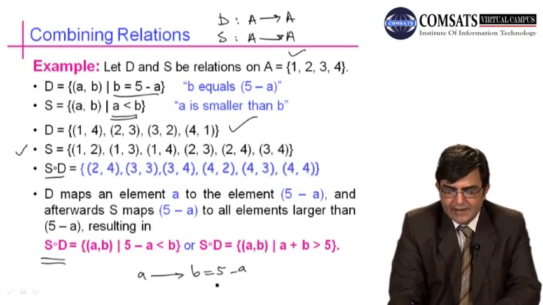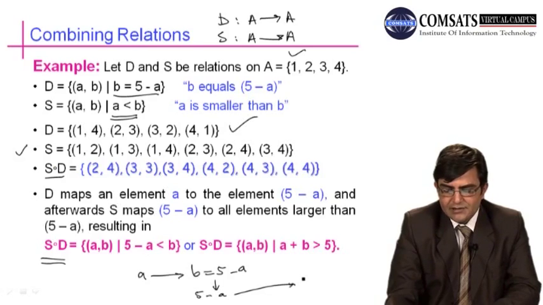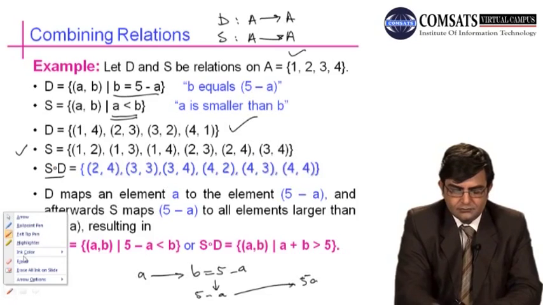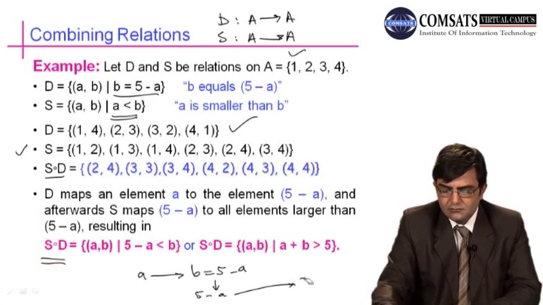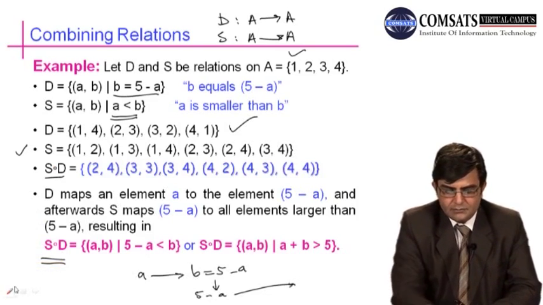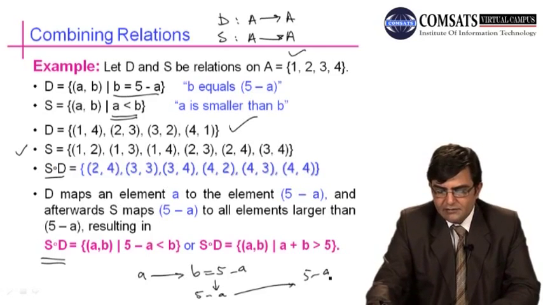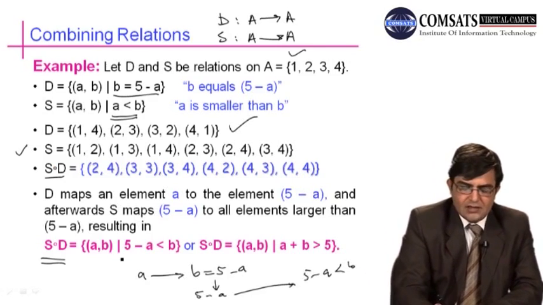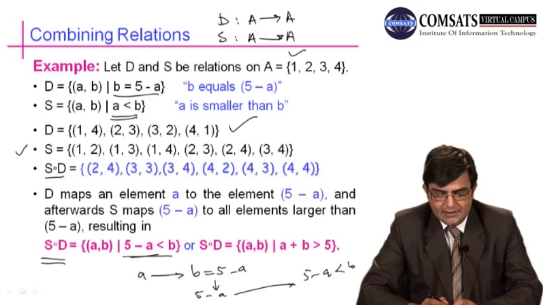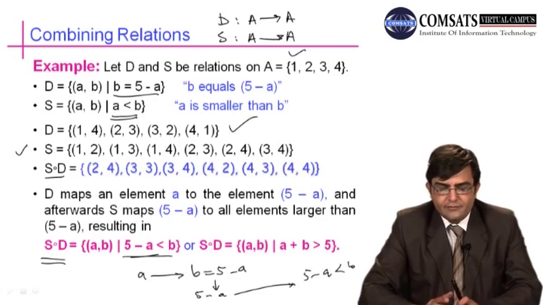Now we take B as A in the S relation. This B becomes A, which is 5 minus A, and this goes to the second place of S, and this must be converted to less than 5 minus A. Now 5 minus A must be less than B, the second element of S. So this will be converted to 5 minus A must be less than B. So this is how we can write the composition of S and D. First we apply D on the first element here.